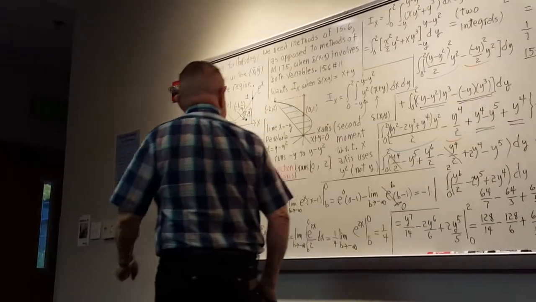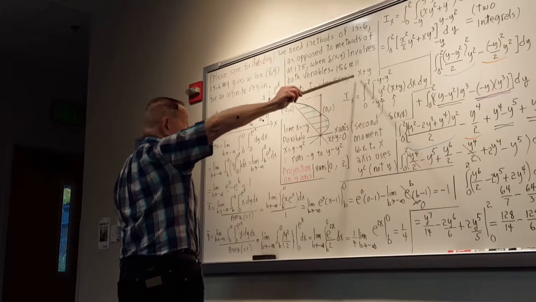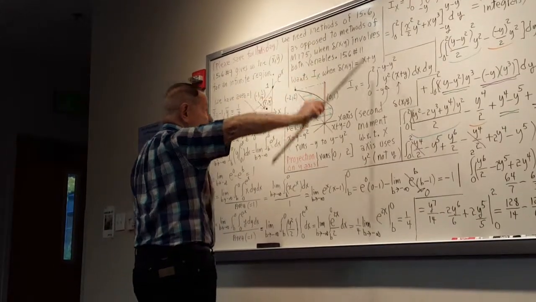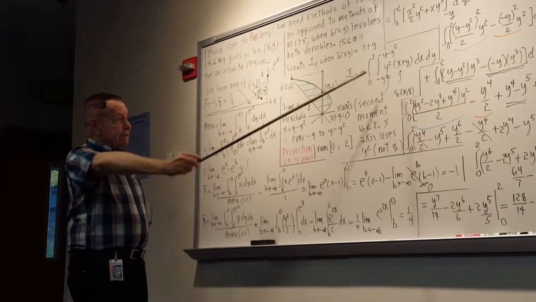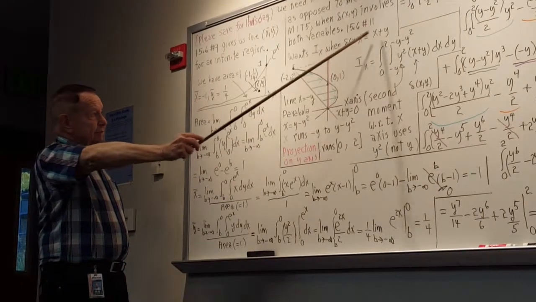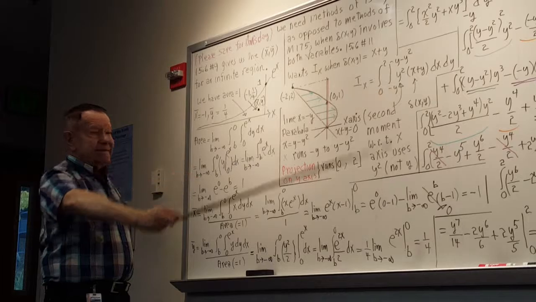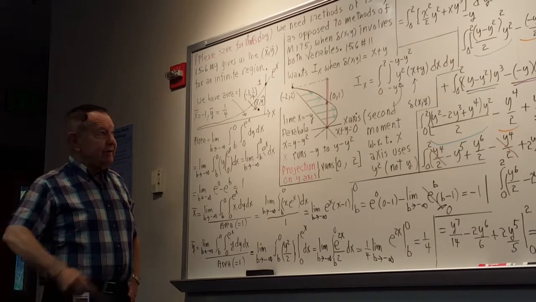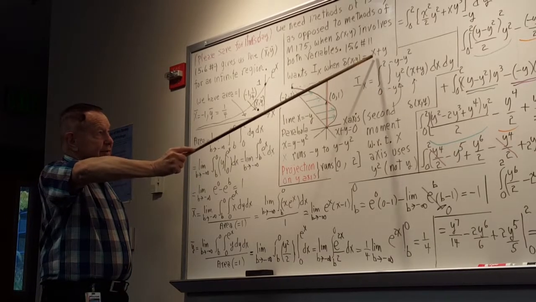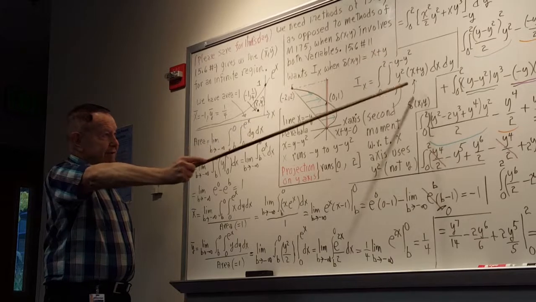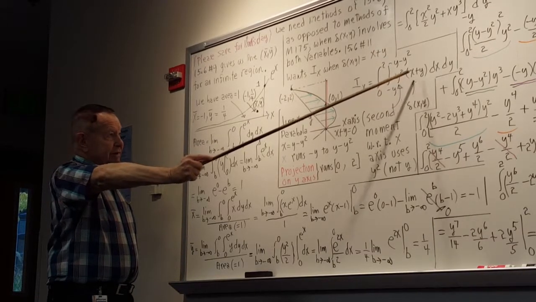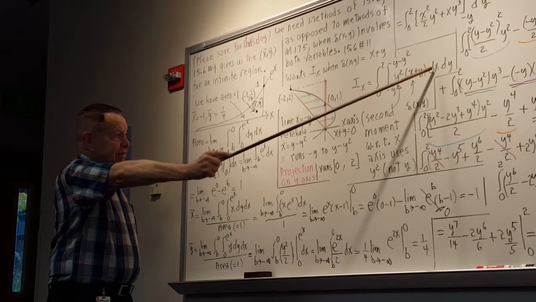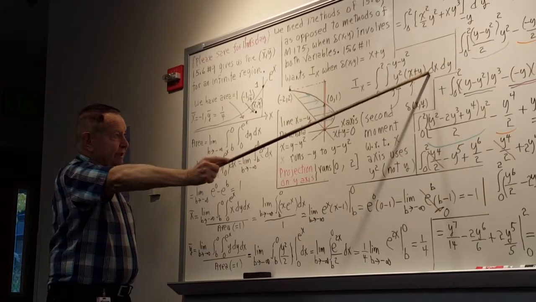And the density is variable here, so you have to put that in. That's why you have to be able to do the integration with the two variables, because you have a problem like this. So your second moment lever arm, your density, your integration, first x, then y.